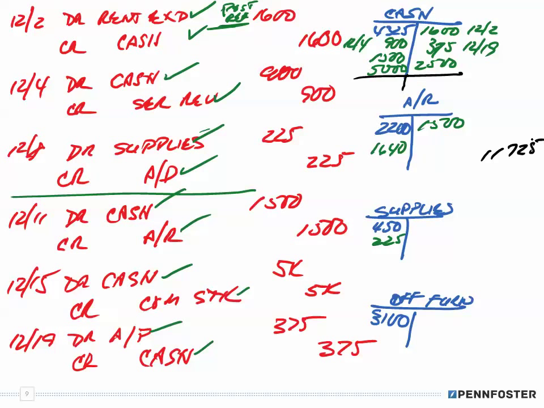And then I have 1,600 plus 375 plus 2,500 is 4,475. Write better here, Jim.